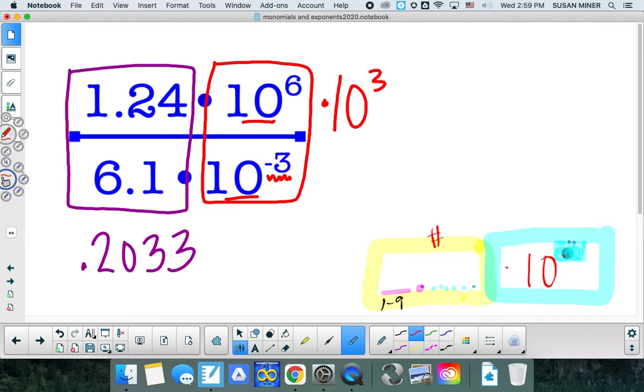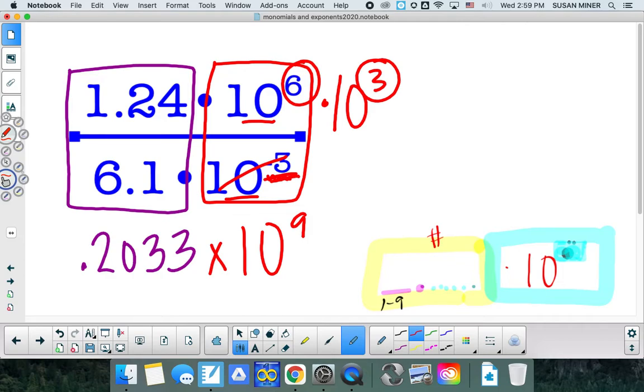And so this is going to be 10 to the 6th times 10 to the 3rd, and I just add up my exponents. Rules of exponents say if I have a negative exponent in either the denominator or the numerator, I have to move it to the opposite location. So I moved this one to the top, and then I added the exponents up.